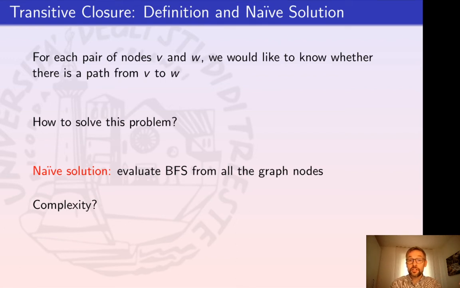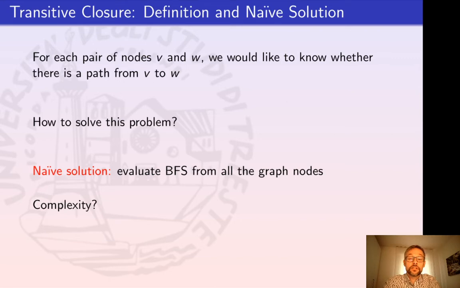So if we apply BFS on each of the nodes of the original graph, we end up with a data structure, a solution, an output, which tells us for each node in the graph which nodes are reachable from it.